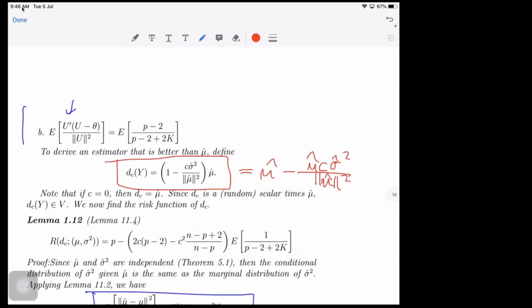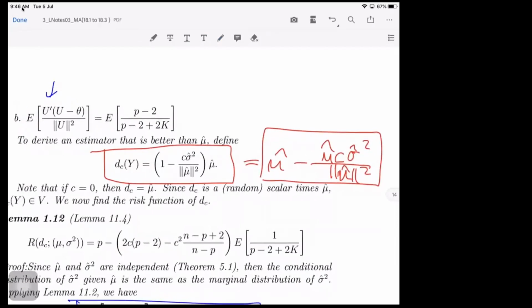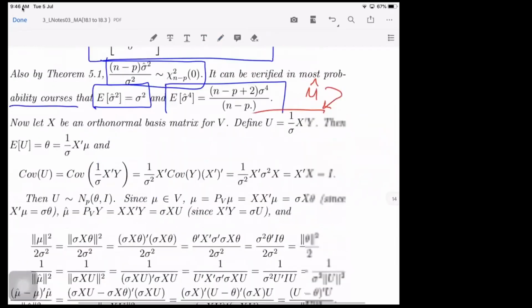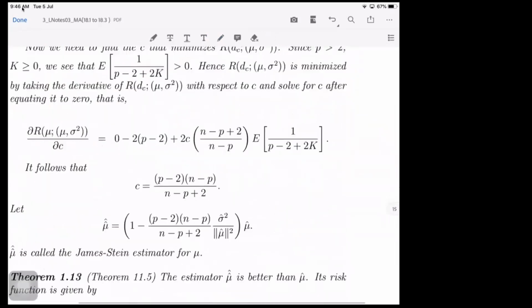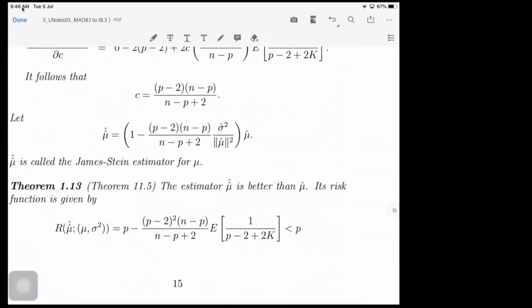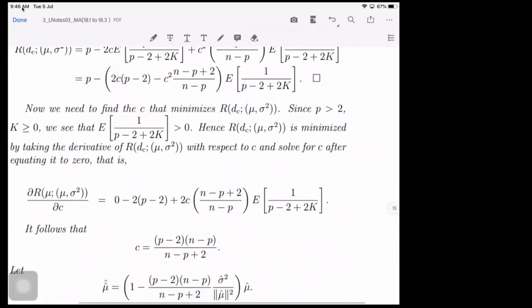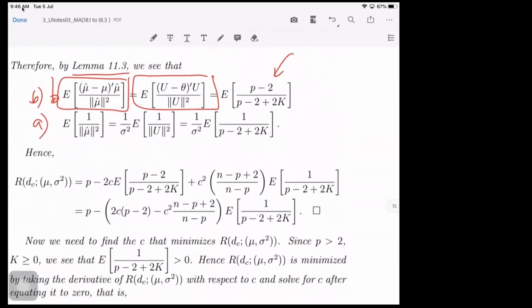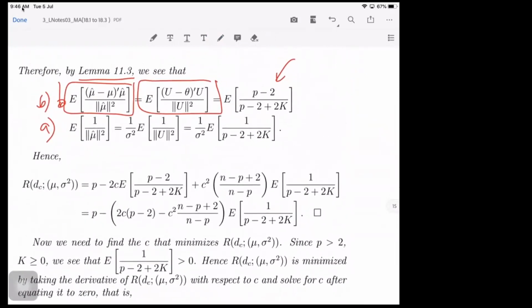So we get the risk associated with this estimator. So mu hat, or equivalently, that is your what? Y bar. So the risk associated with that is P, no?